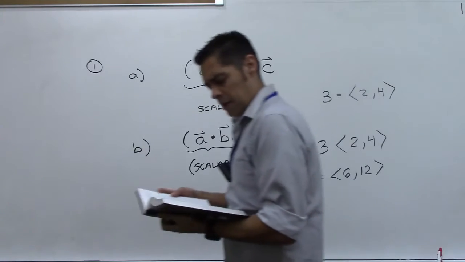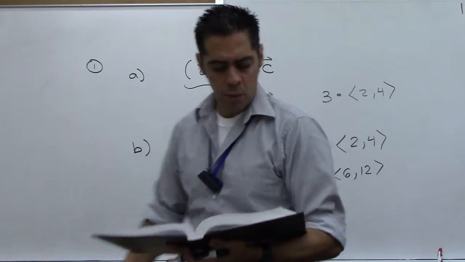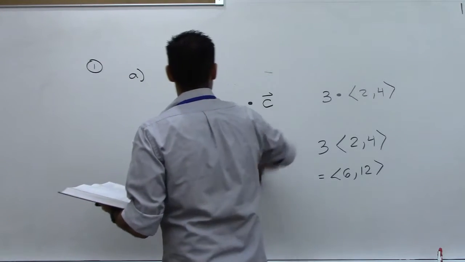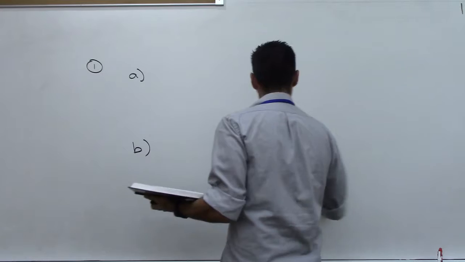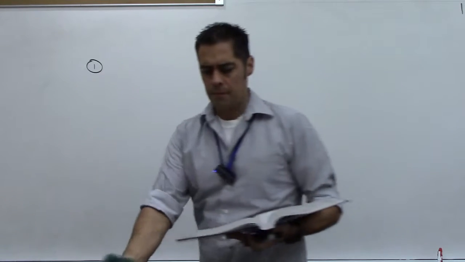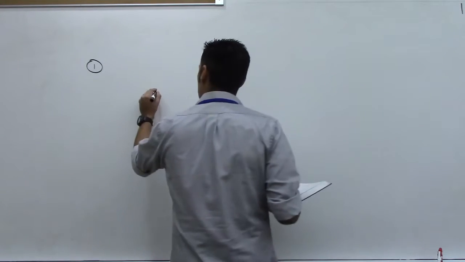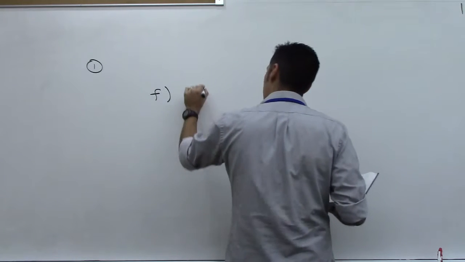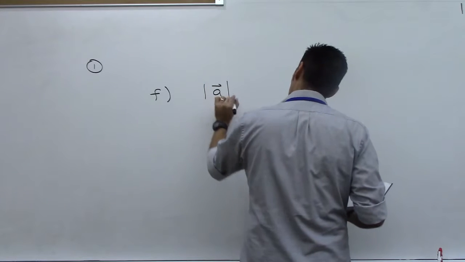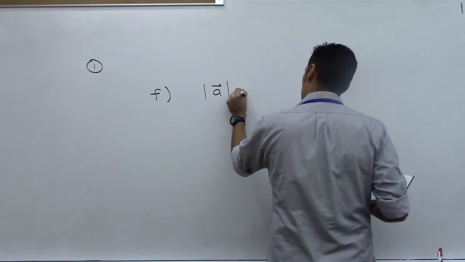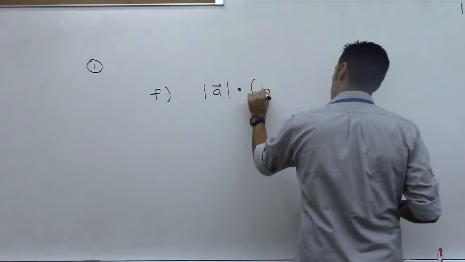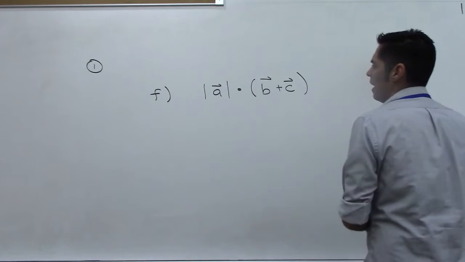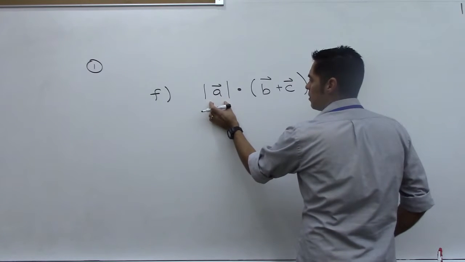All right, and then we'll just do one more. Let me do F. So for F, we have the magnitude of a vector A dotted with the vector B plus the vector C. So you can see here again, the magnitude of a vector is going to be a number.